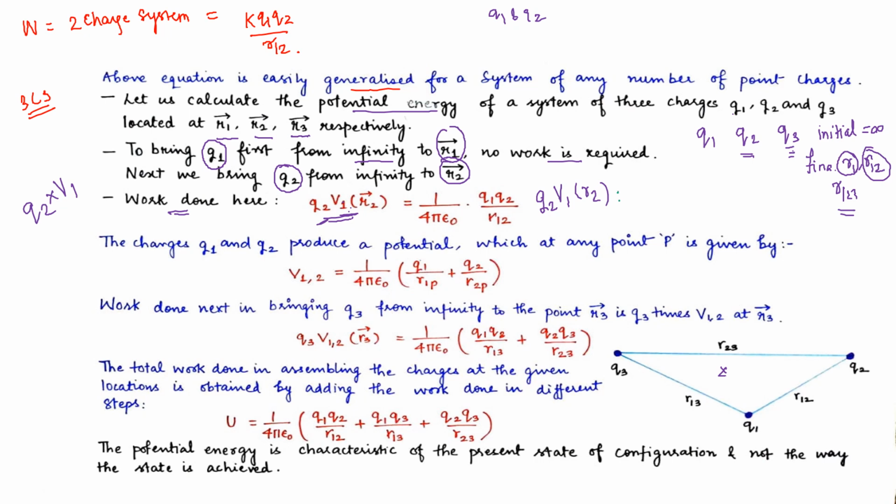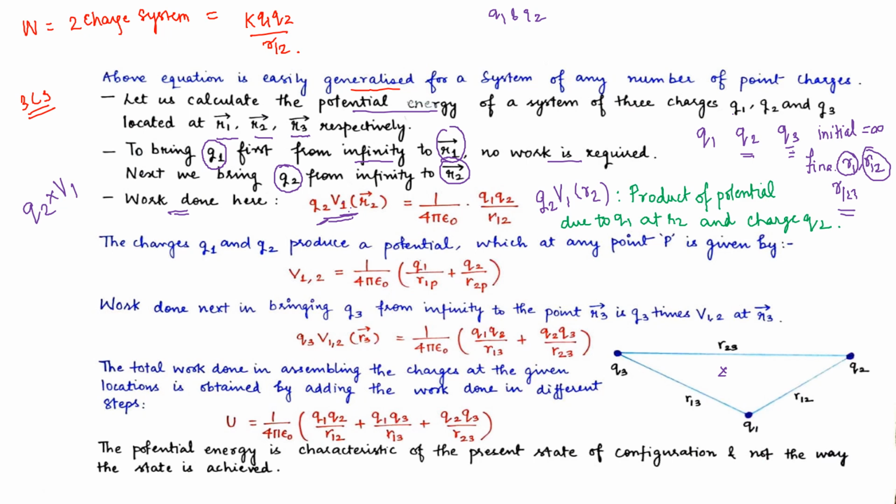It implies the product of the potential due to Q1 at R2 and the charge Q2.